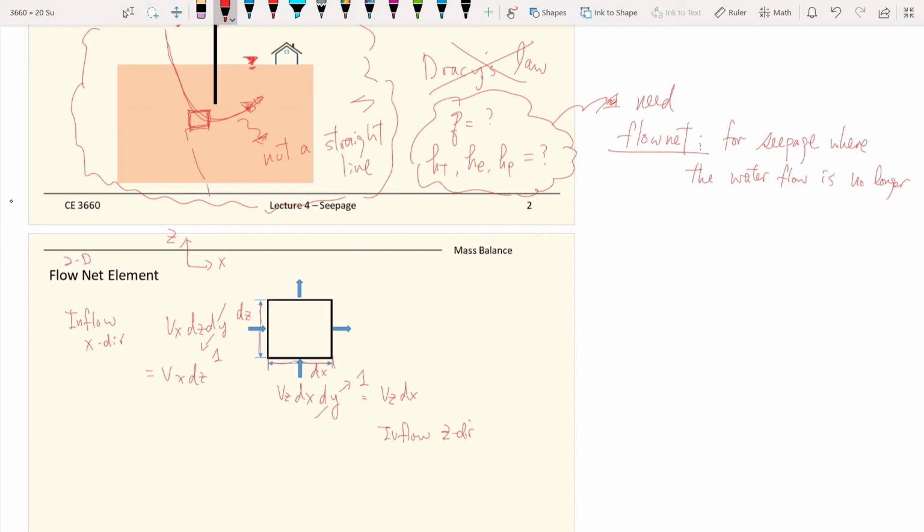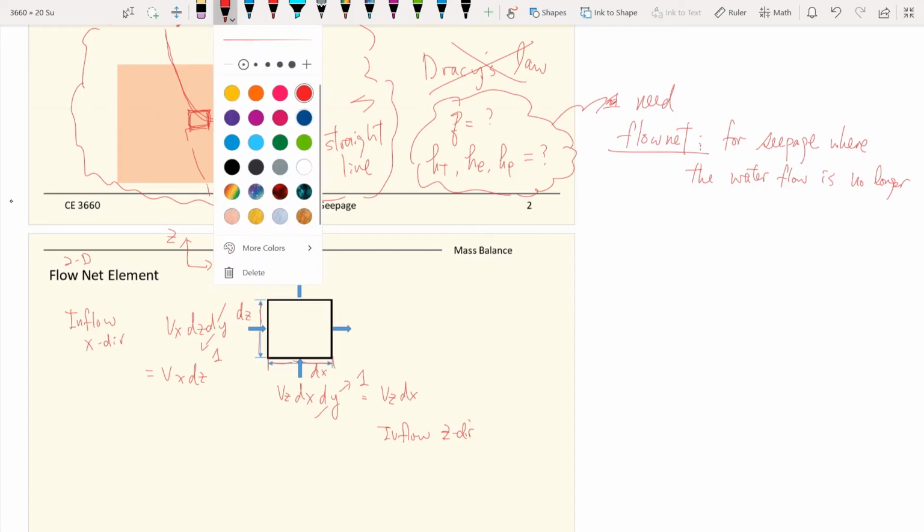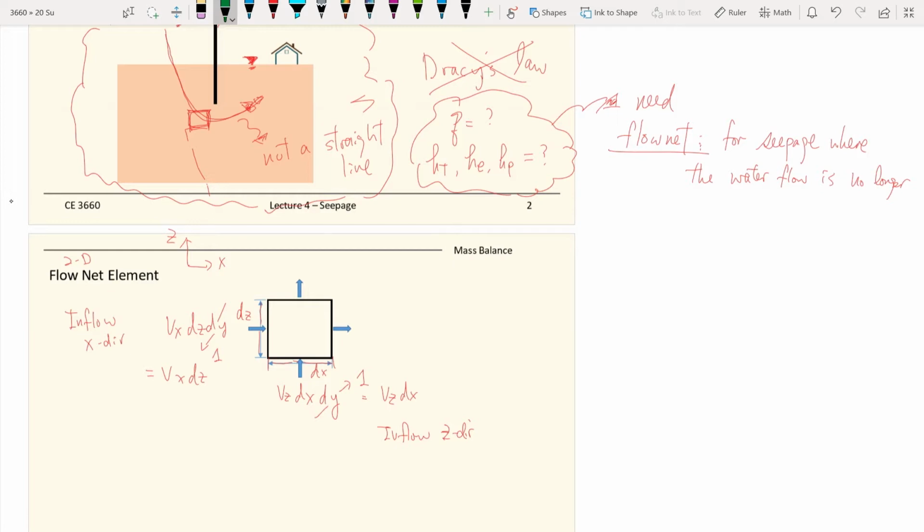And the outflow, so let me try to use another color. For the outflow in the x direction, we have the inflow plus the change when you go through the soil element.